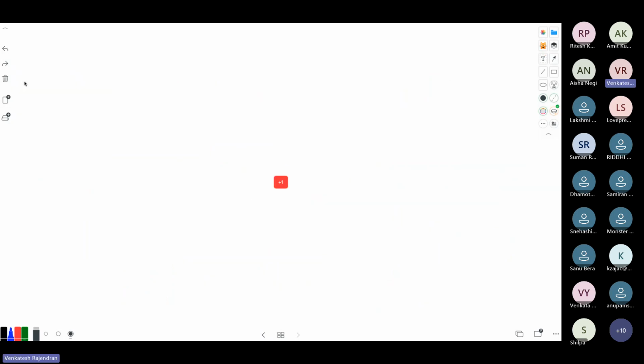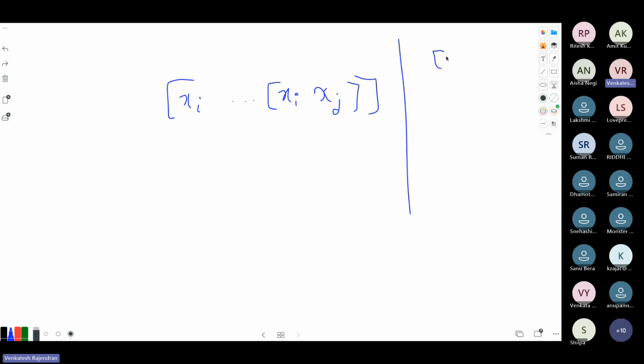Now let's get into these relations. What we are interested in is this: we fix x_j and keep applying x_i and see how far we can go. Note that if you want to see where it stops, you can start with [x_i, x_j]. Whenever alpha_i plus alpha_j is a root, this is going to be non-zero.